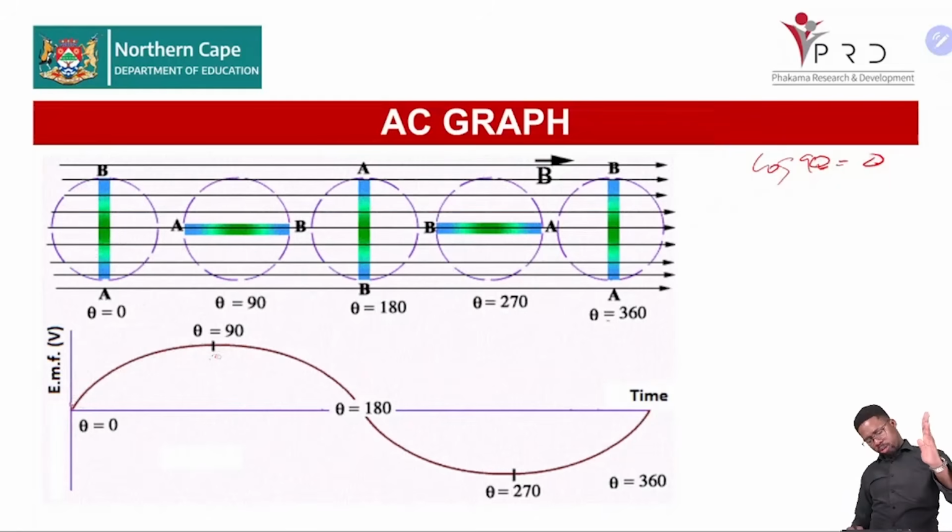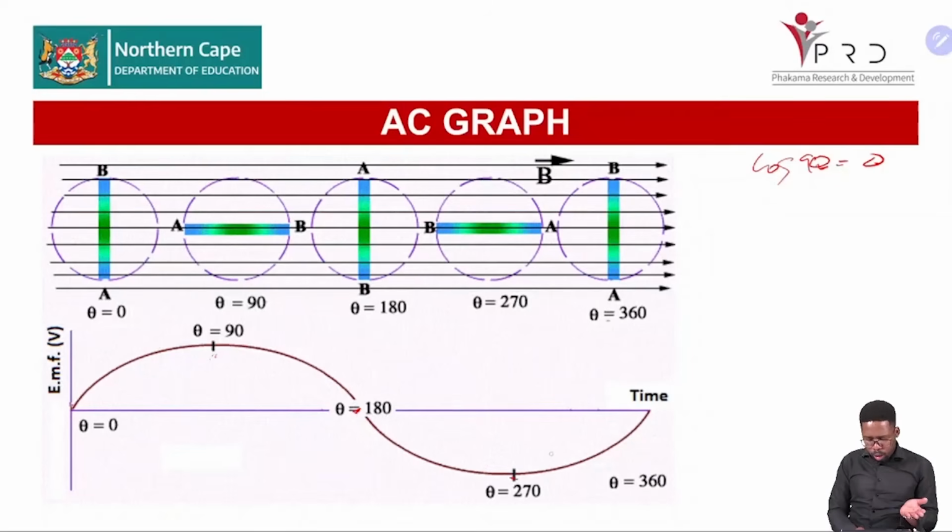Then the coil will rotate up until again it is perpendicular to the magnetic field lines, which is here at 180. What will happen here? Because it is perpendicular, we are going to have zero EMF. The coil will then rotate up until it is parallel to the magnetic field lines. Then we're going to have maximum EMF.